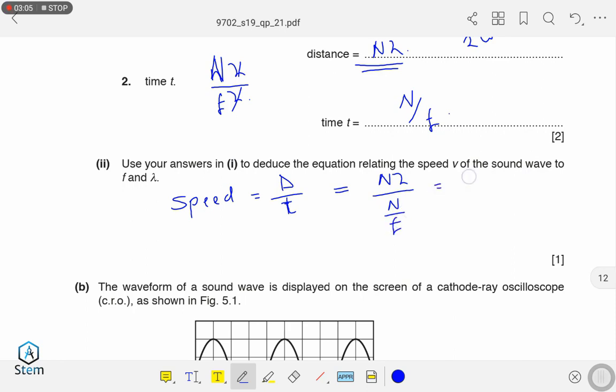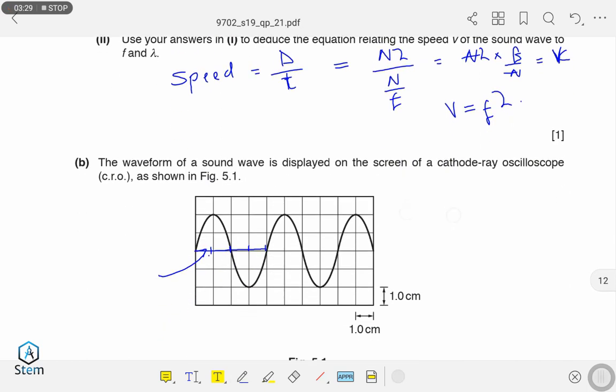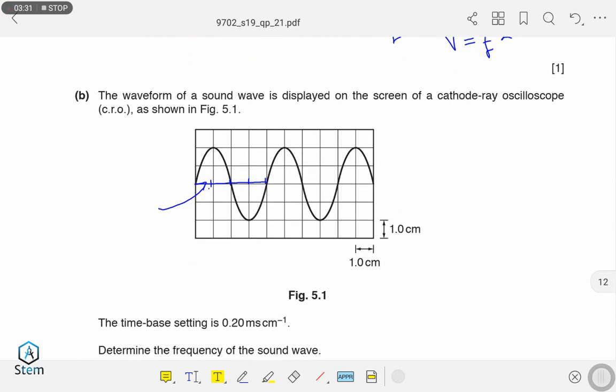This is equal to n lambda times f over n. Cancel out the n, we have our speed v being equal to f lambda. So v is equal to f multiplied by lambda. That's right. Let's go to B.